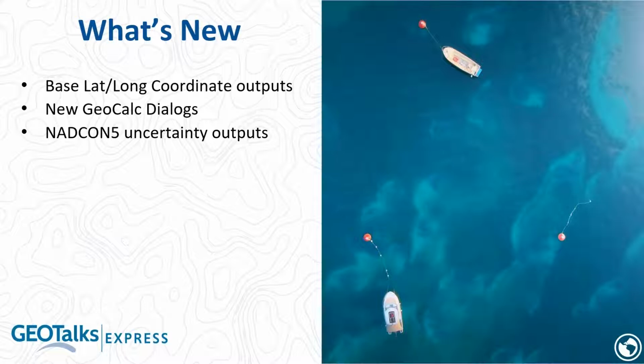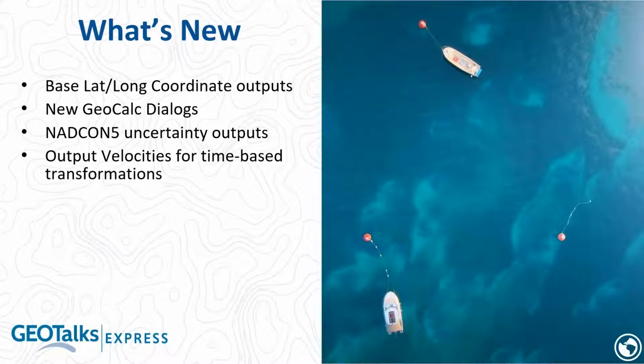So everything from the old NAD 27 and US standard datum all the way up through NAD 83 2011 and the various ITRFs and so on. Along with that, there are some extra pieces that are going to give us much more fine-tuned uncertainty reporting. That is an estimate of the accuracy of the transformations that you're doing for your coordinate data. So pretty interesting tool we'll be taking a look at there.